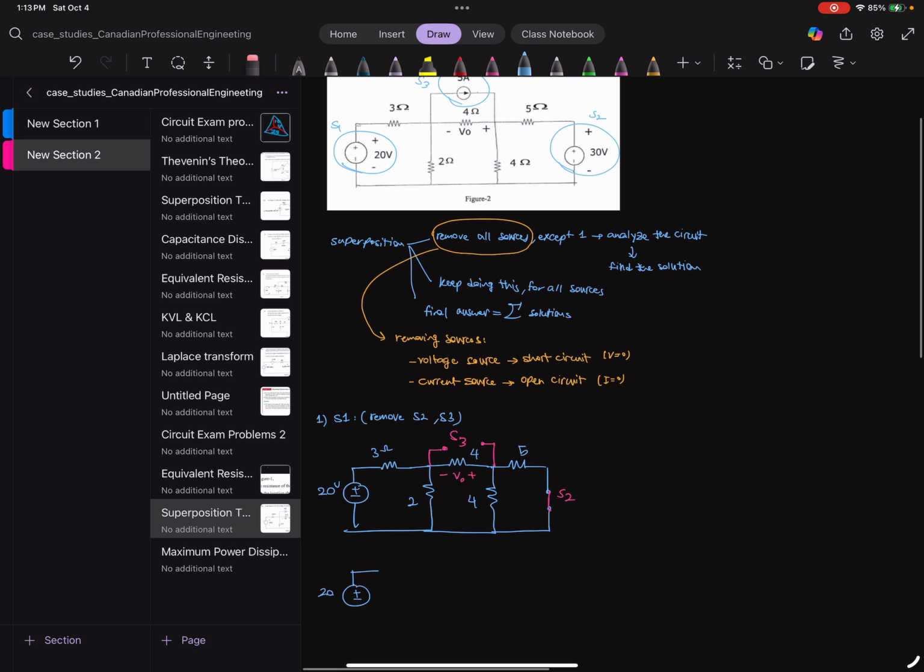20 volt, 3 ohm, 2 ohm, and then 4 ohm, and then here we have 4 ohm in parallel with 5 ohm, which is going to be 4 multiplied by 5 over 4 plus 5.